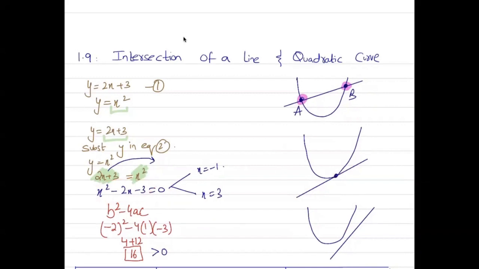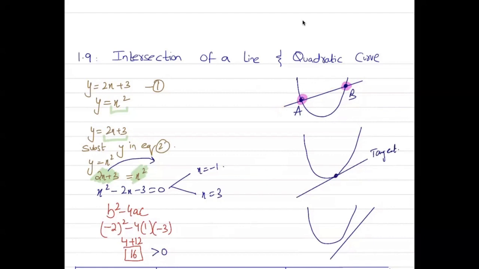If the discriminant comes out to be greater than 0, then your line is going to intersect the curve at more than 1 point, that is 2 points. And if the discriminant comes out to be less than 0, that means that the line and the curve are not going to intersect at all. If the discriminant comes out to be equal to 0, that means that the line is going to be tangent to the curve. Are we clear with this concept?